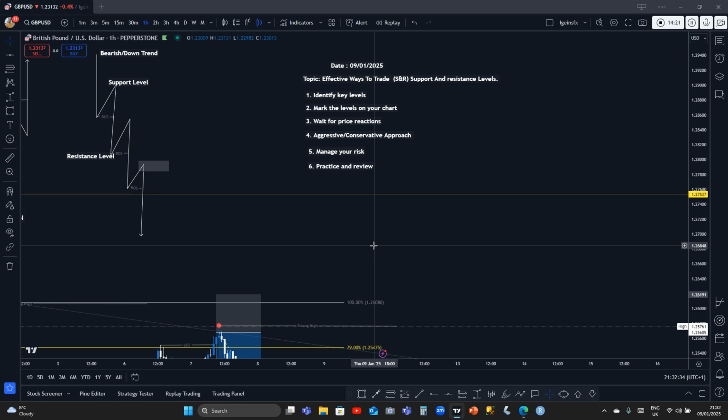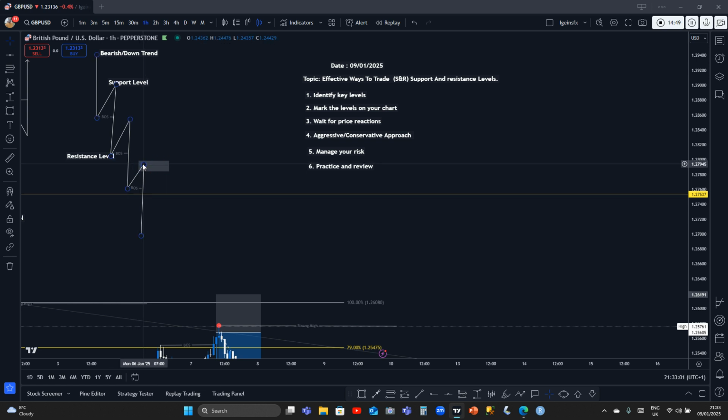If you are to use an aggressive entry, enter a trade as soon as the price convincingly breaks through a support or resistance level. Or once price gets to this level, if it is a bounce that you are looking for, you are waiting for price to bounce from here.